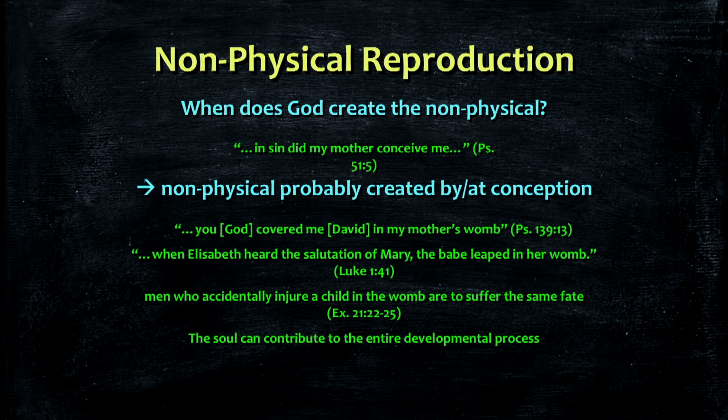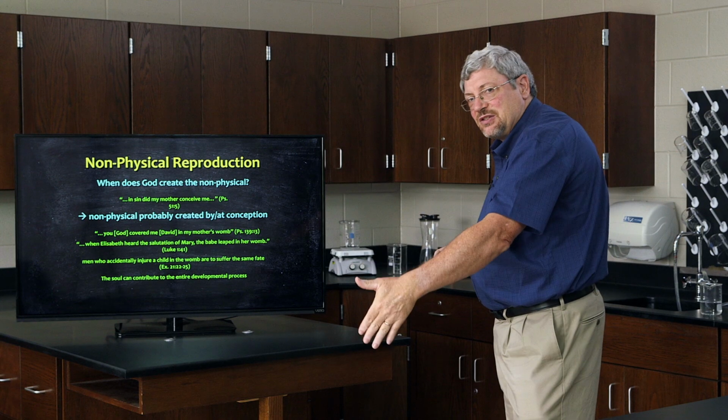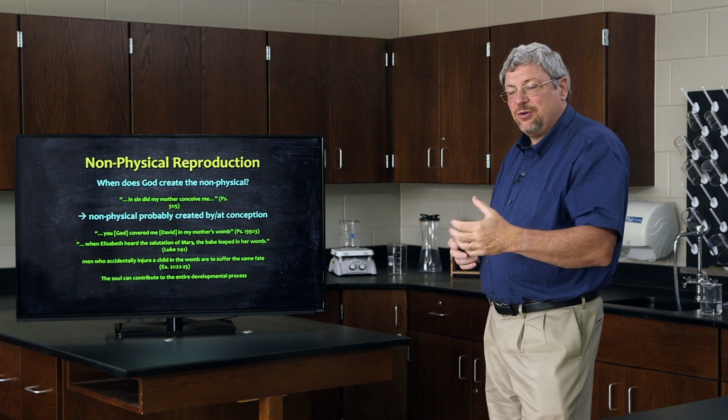In Luke 1:41, we have the encounter between Elizabeth and Mary. Mary, the mother of Jesus, is carrying Jesus in her womb. Jesus is very early in development. Mary's cousin, Elizabeth, is carrying John the Baptist. He's 6 months old in the womb.